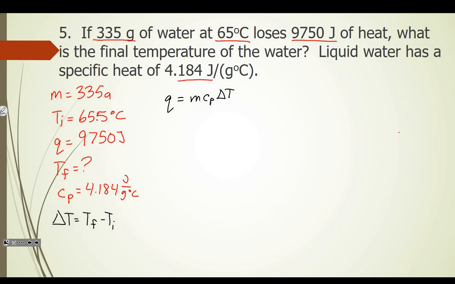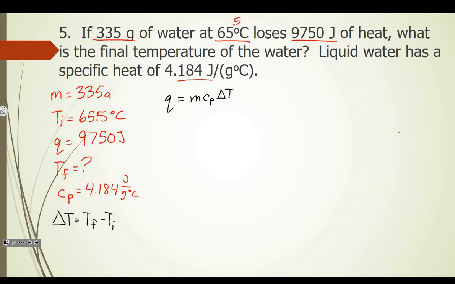Okay, we'll put that in. I'll just pretend that mine has 0.5 up here too. Okay? All right, so here's the thing that I do. You could be a math scholar and swap that delta T out for TF minus TI, but then you'd have to do distribution and so on. I don't want to do all that. So I just solve for delta T because I've got to find delta T.